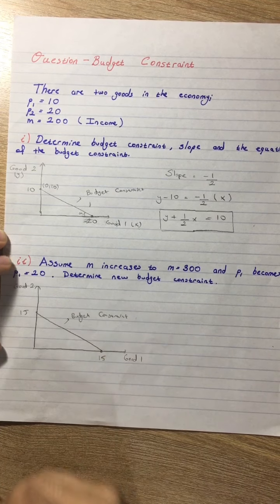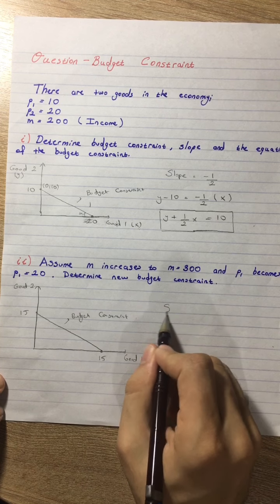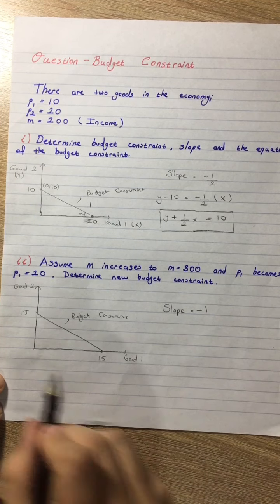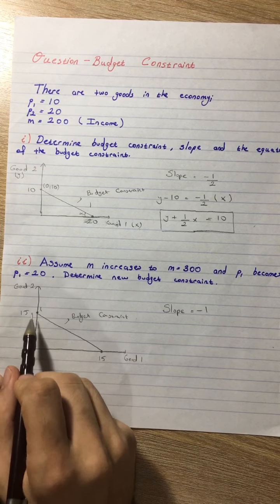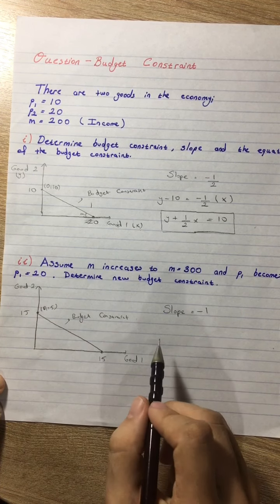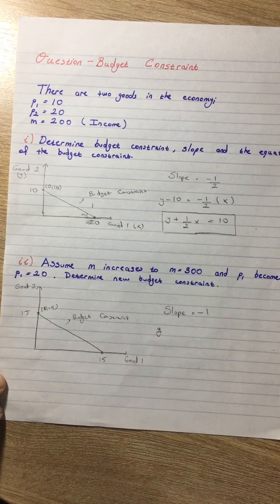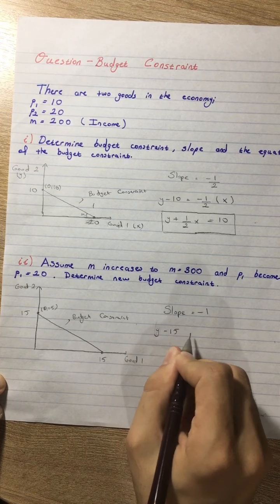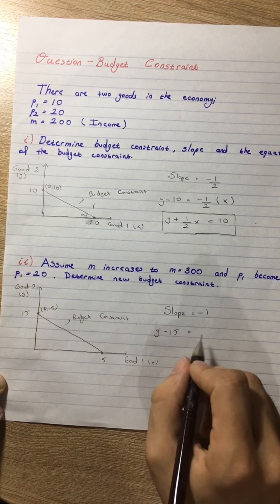Let's find the slope to find the equation. The slope is, as you can see from the tangent, -1. And if we use the formula for finding the equation of the budget constraint, we take a point here, again at the intercept, and we use the formula to find the equation of this budget constraint.